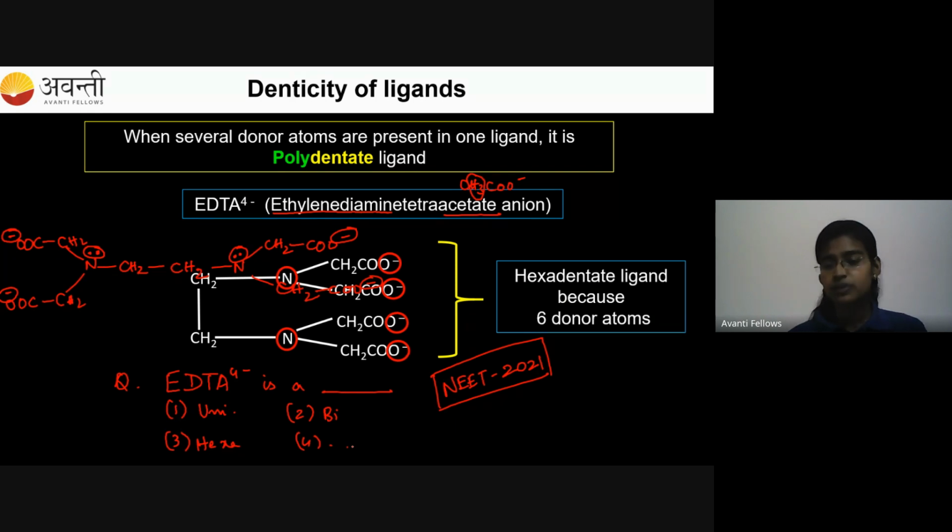This was one of the previous year NEET questions, and easy questions are asked for both JEE as well as NEET from this particular chapter. So without any confusion, you can get good marks from this lesson, which has more weightage. Coordination compounds, having more weightage, you have to concentrate more on this, one among your inorganic chemistry lessons.